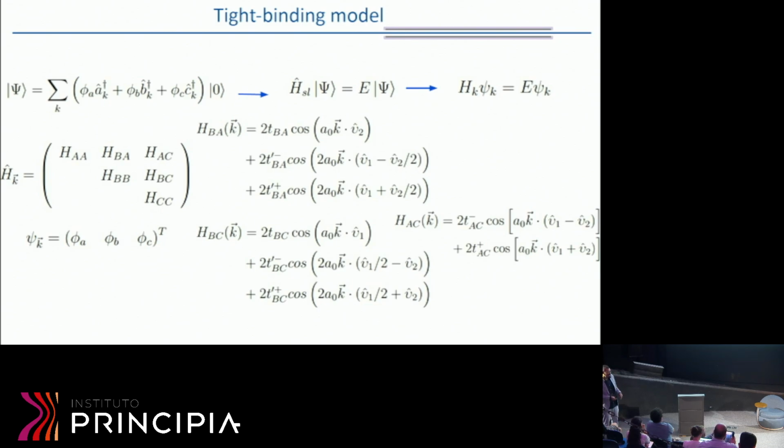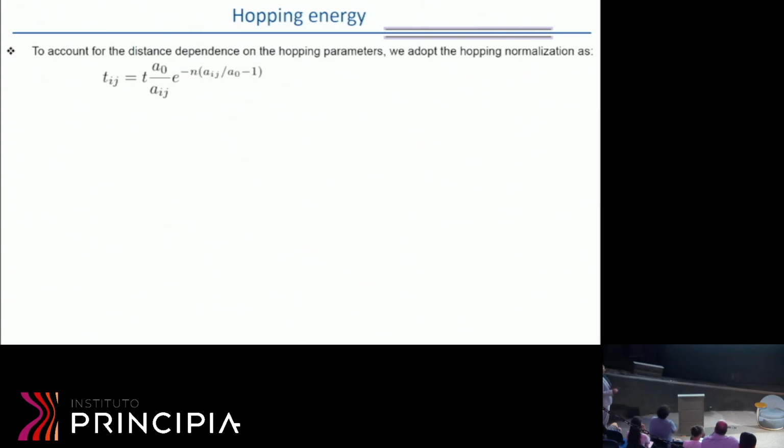Up to this point, I didn't mention anything about how those hoppings are treated. So to be as general as possible, we consider a position-dependent hopping, okay? Like that. And this plays an important role in our model, because in the limit case for the Lieb and Kagome, you want to capture the flat bands.